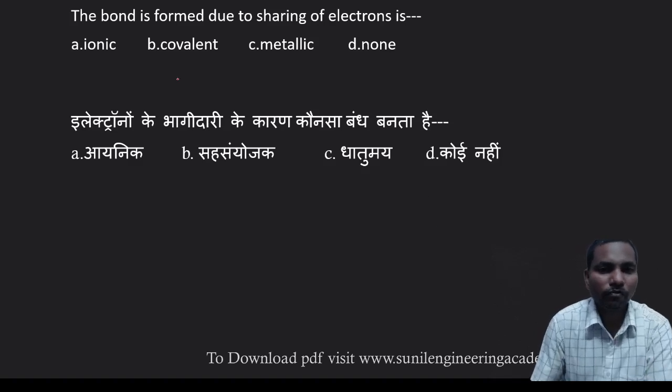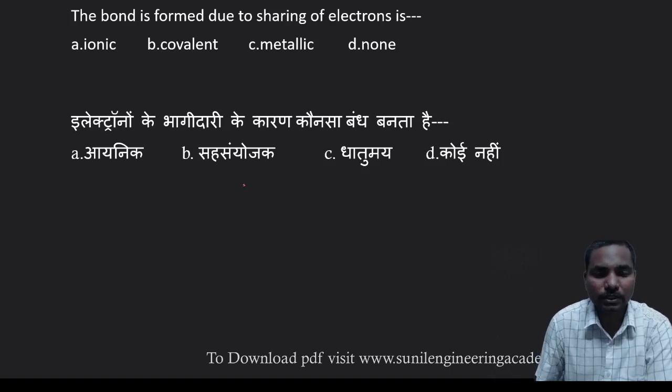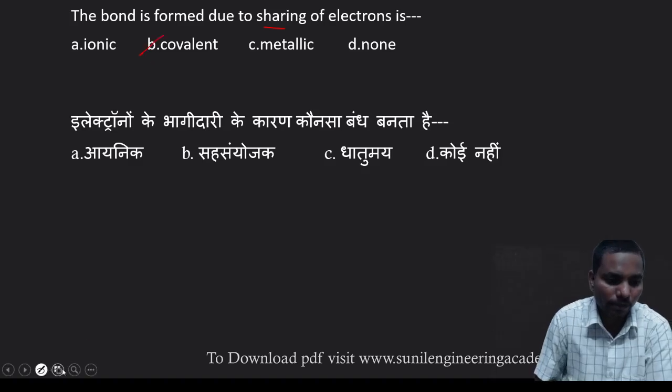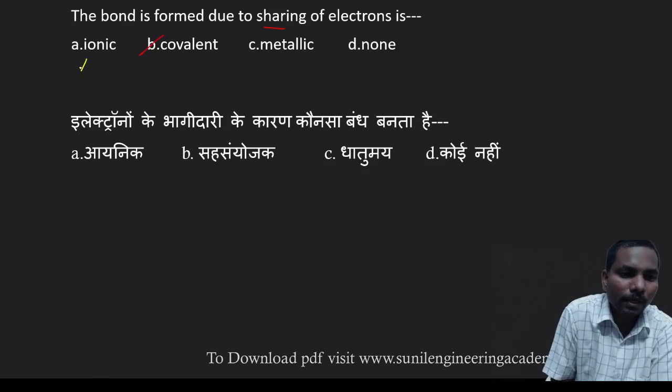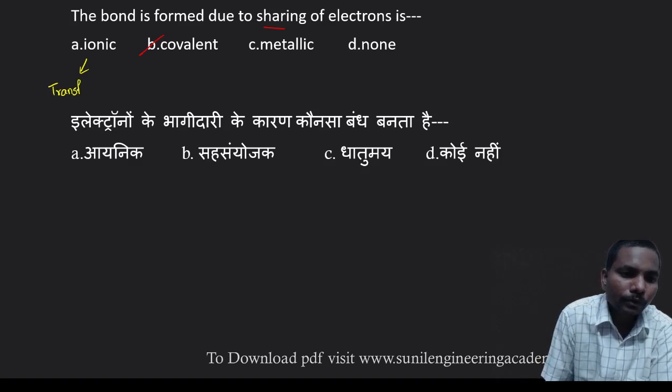Coming to the first question, the bond is formed due to sharing of electrons. Due to sharing of electrons, that is a covalent bond. An ionic bond is the bond due to transfer of electrons.